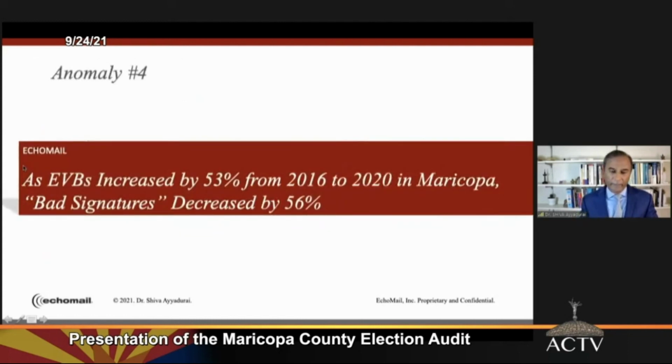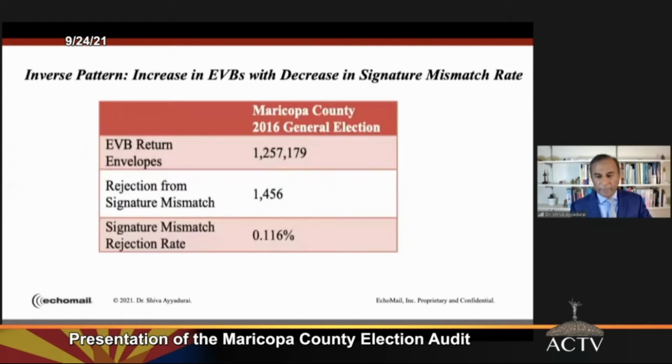Fourth anomaly. As the EVBs, which means the early voting ballot envelopes, increased by 53% in the general election from 2016 to 2020 in Maricopa, bad signatures decreased. Let me explain what I mean by that.